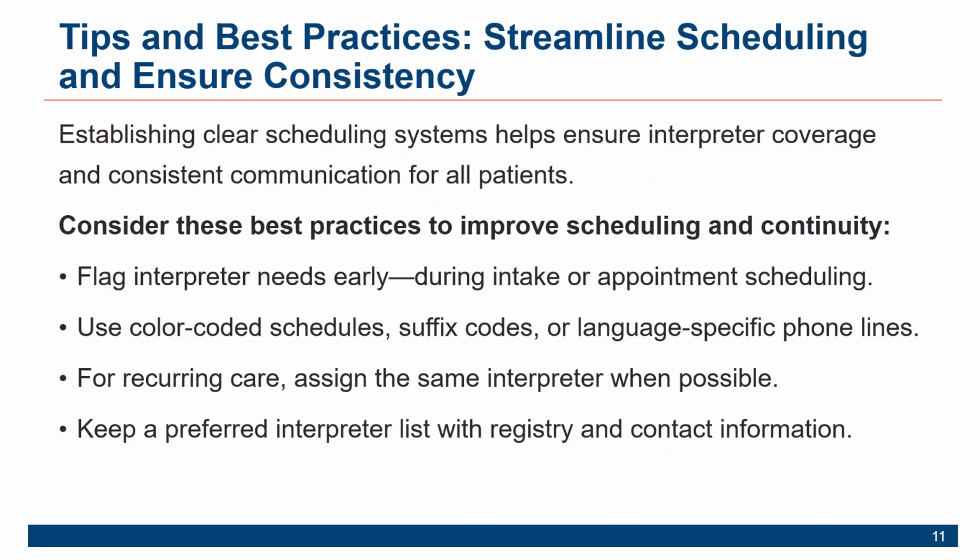Some practices include flagging interpreter needs early during intake or scheduling, using color-coded or language-specific scheduling systems, assigning the same interpreter for recurring visits to improve continuity, keeping a preferred interpreter list with registry numbers and contact details. These strategies help ensure interpreters are available when needed, especially for languages in high demand.